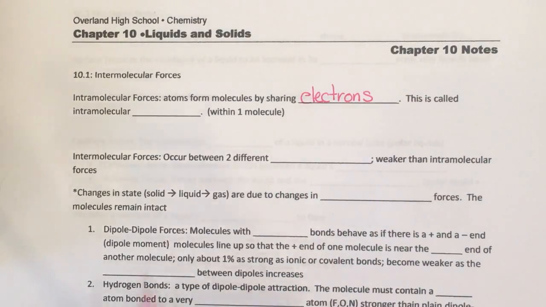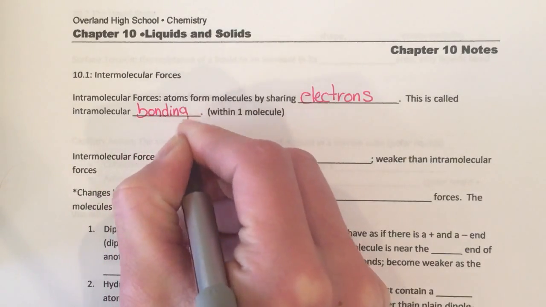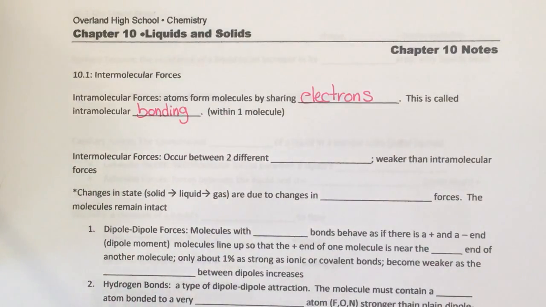So this is called intramolecular bonding. So think of a water molecule forming. An intramolecular force would be the covalent bond between the hydrogen and the oxygen atoms in your water molecule.